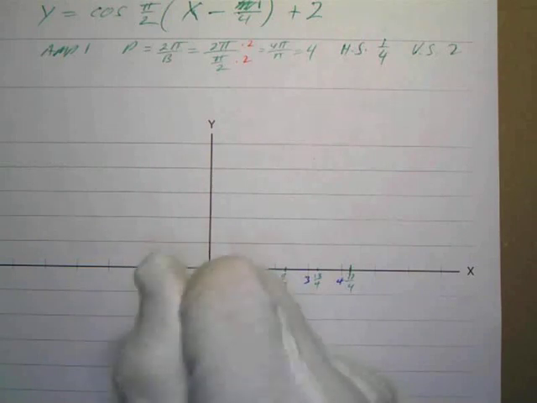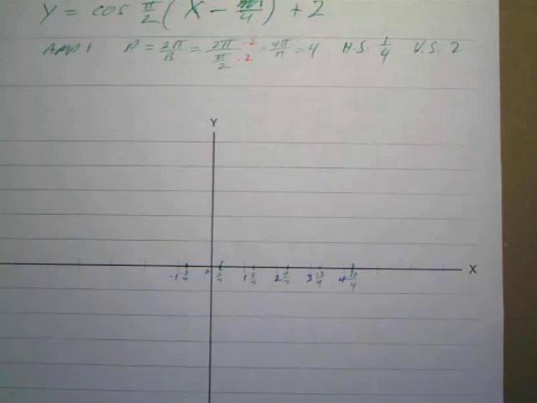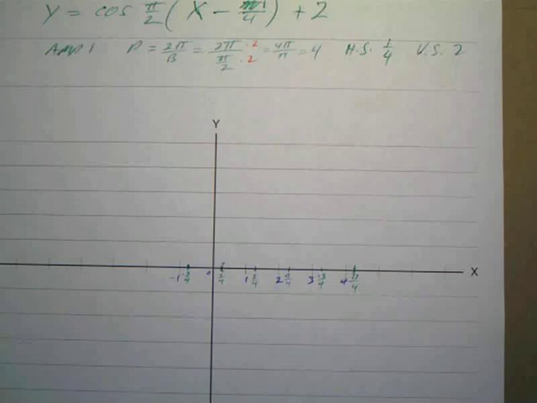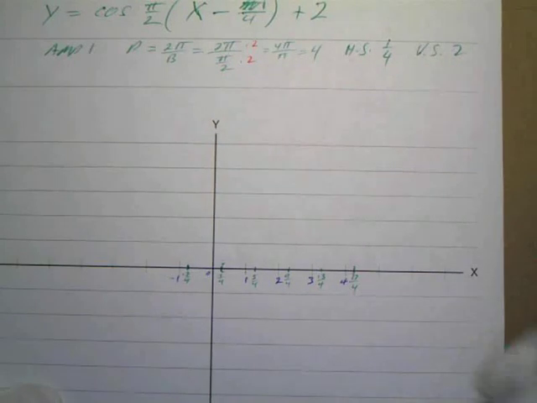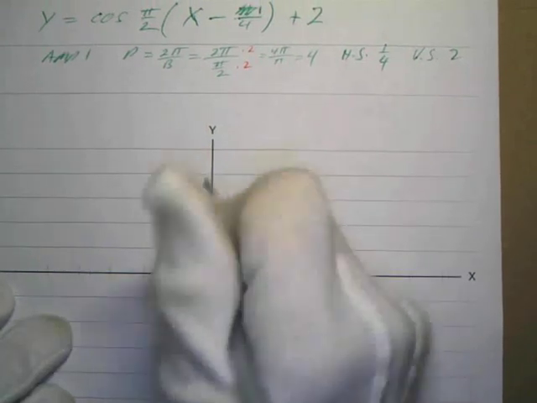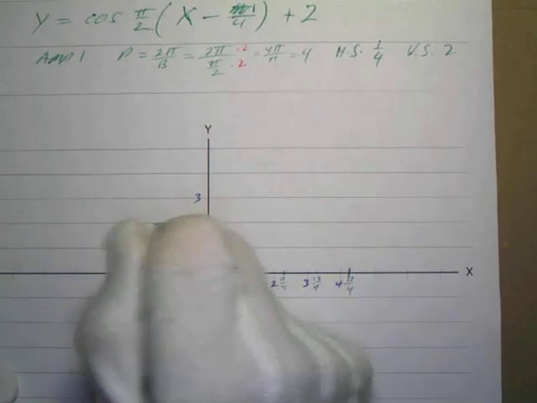I'll put another minus 3/4 here, because I'm going to need another asymptote, I know that. But this will be one period. And there's a vertical shift of 2, so there's my vertical shift line.